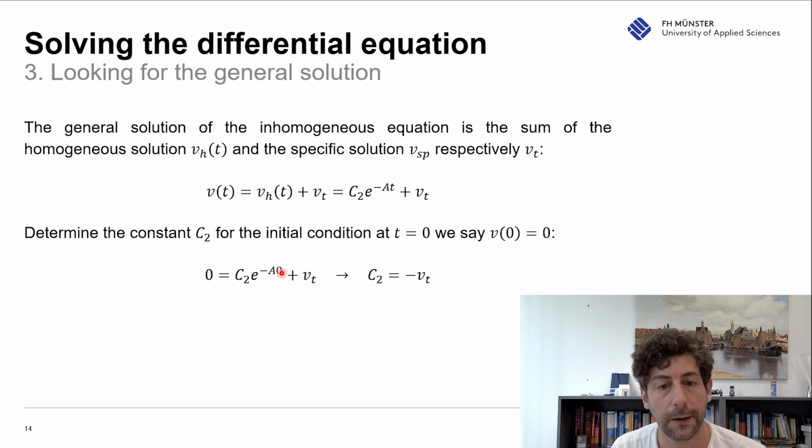Velocity is 0, t is 0, so this expression goes to 1, this stays, and this goes to 0. So if we say now minus this expression, we will get c2 equals minus vt, terminal velocity, right? Because this term will be 1, so this can just go away. So c2 plus vt equals 0 means c2 equals minus vt.